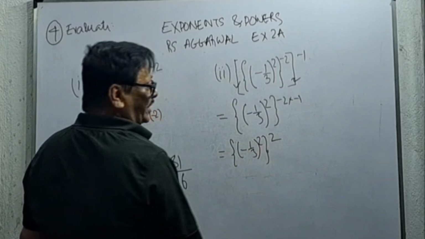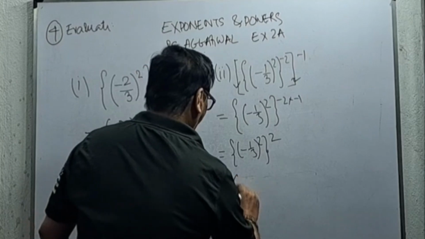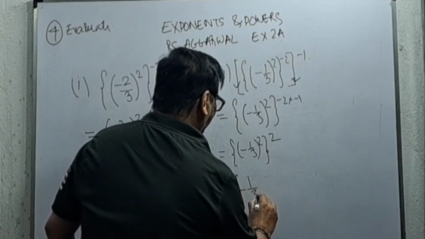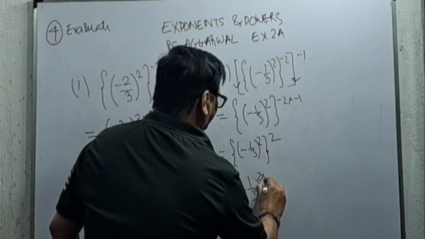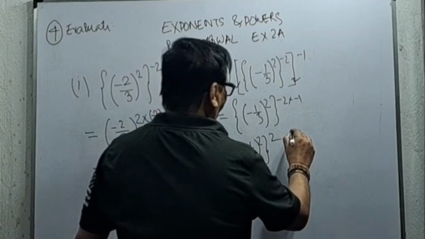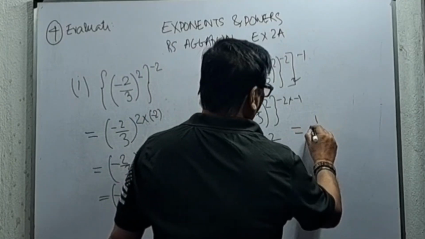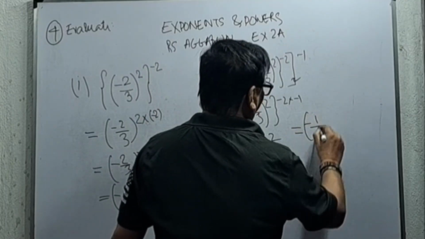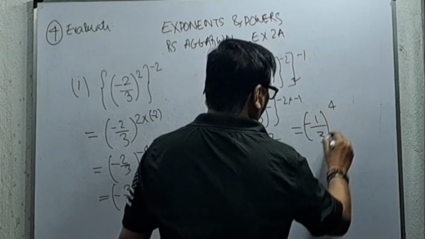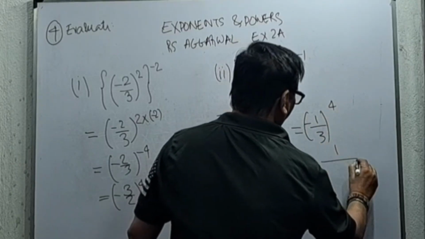Now we open the second bracket. So we write minus 1 by 3, 2 times 2. So that gives you minus 1 by 3 power 4, which is 1 by 81.